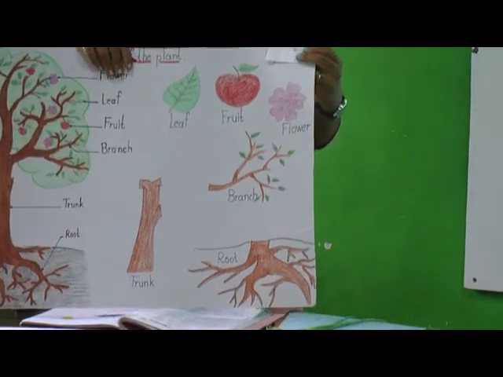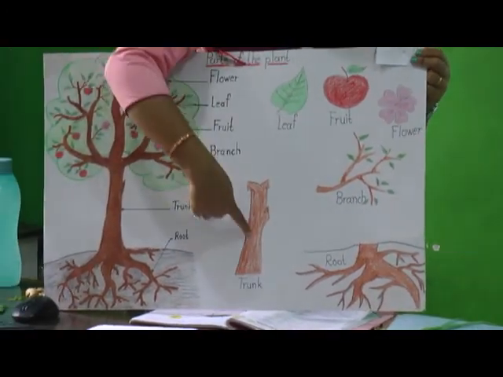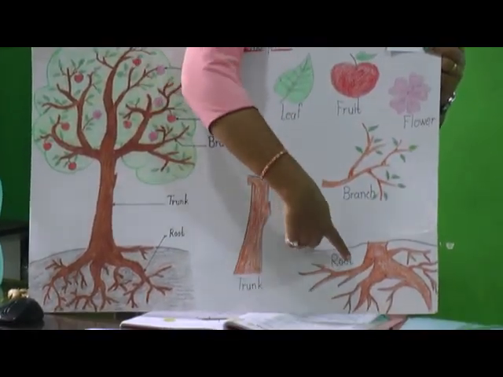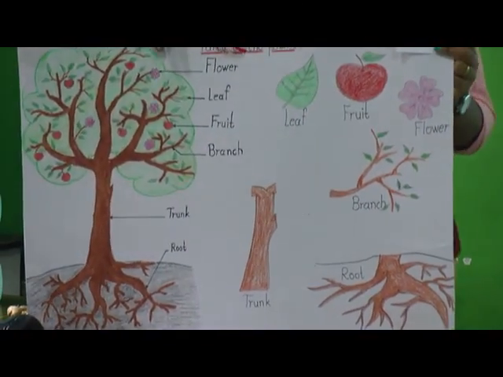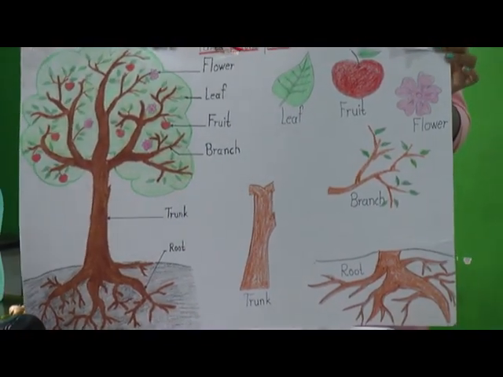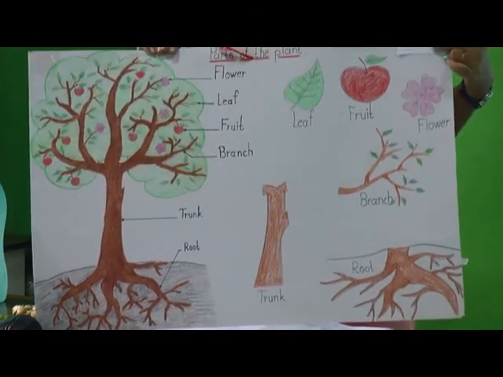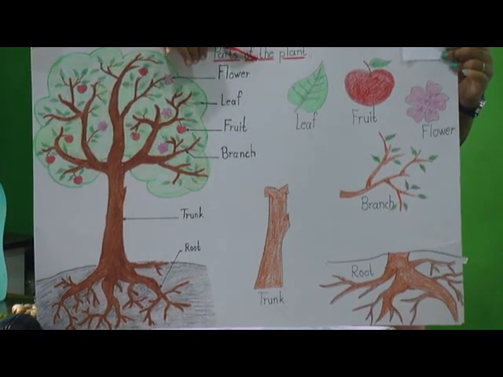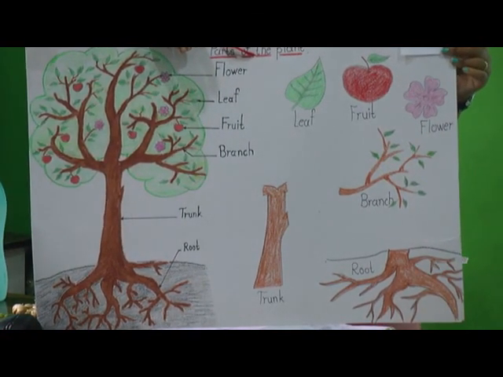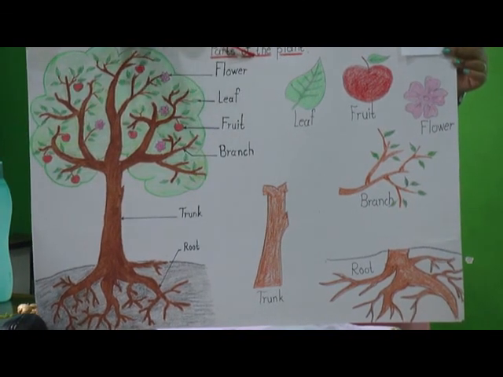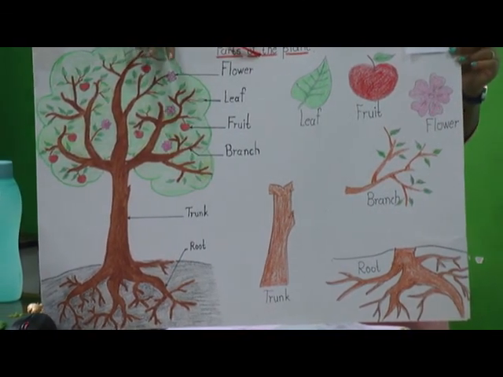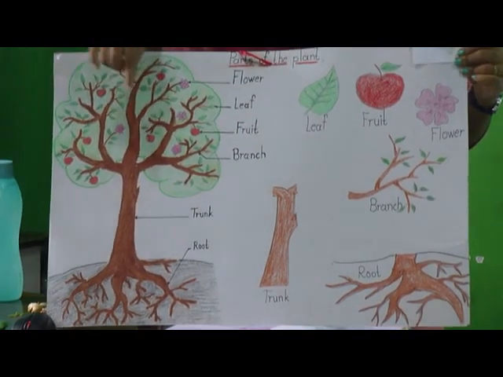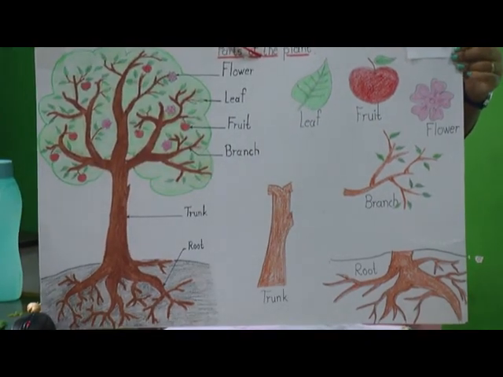Draw and write the different parts of the plant, like trunk, leaves, fruit, flower, branches and roots. Okay, you all like drawing, isn't it? Yes, that's why I am giving this activity to do at home. If you don't have chart paper, take one drawing book page, or do this activity at the back side of the drawing book. Okay, draw nicely, color it nicely and give the names properly.